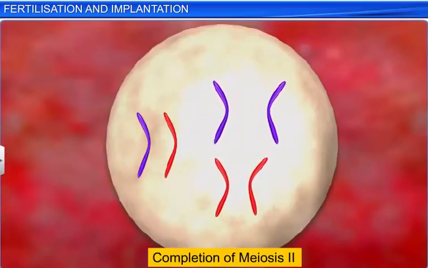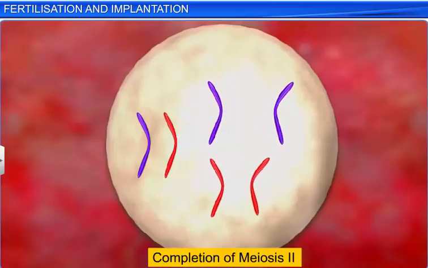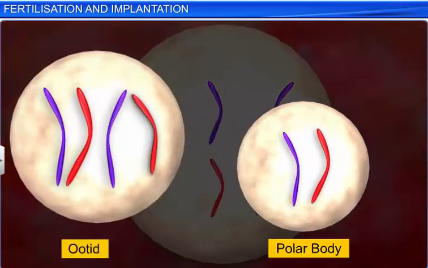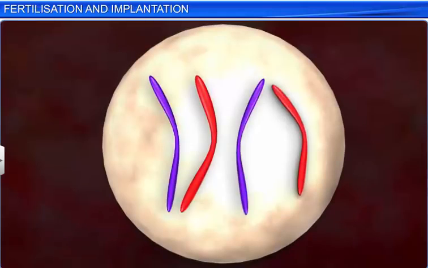However, this division, being unequal, results in the formation of two unequal bodies, a haploid ovum and a second polar body. While the second polar body degenerates, the haploid ovum and the haploid nucleus of the sperm fuse together to form a diploid zygote.